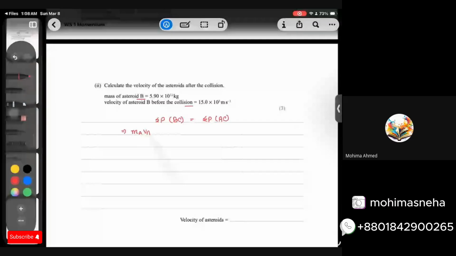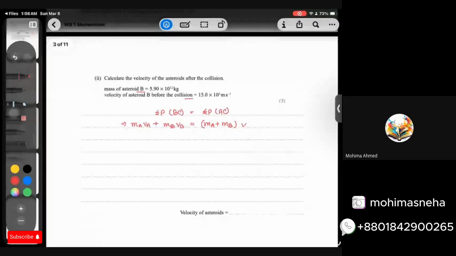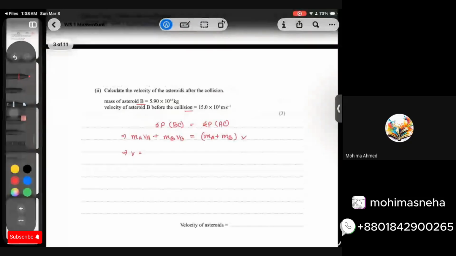For before collision, you have the mass of A, initial velocity of A, and then again the mass of B, initial velocity of B, equals mass of A plus mass of B with some final velocity that you're going to get, right? So from there, you just make V the subject. Now, the momentum of what did you calculate previously?